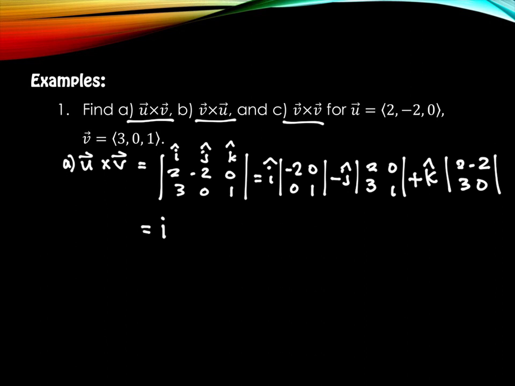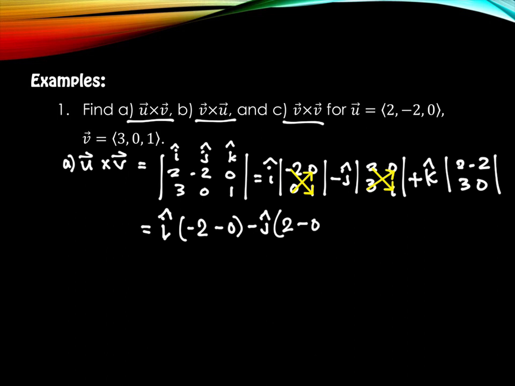And then we're going to have I. And then we're going to multiply. So we're going to multiply down and then back up. So this is negative 2 times 1. That's negative 2 minus 0. Back up. And then minus J. We're going to multiply down and then back up. So 2 times 1. Is it 1? Yeah, it's a 1. So 2 times 1, which is 2.